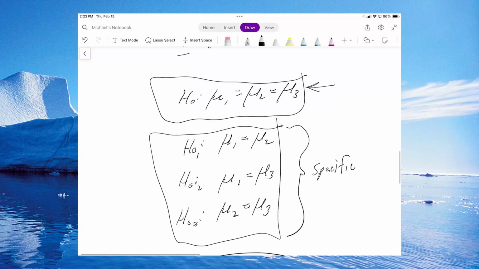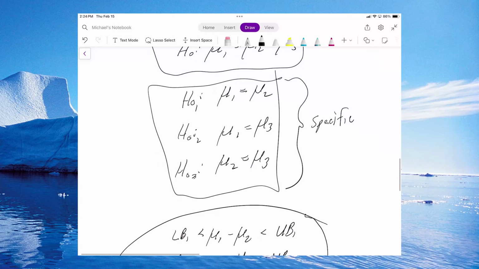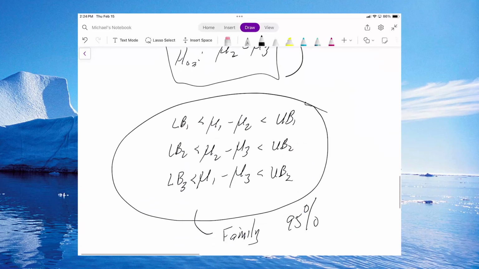So back here in this situation, where this first one was the omnibus, we go ahead and do that test. And if we're able to reject that null hypothesis, then we can look at three different specific hypotheses, or better yet, we can now construct those confidence intervals.